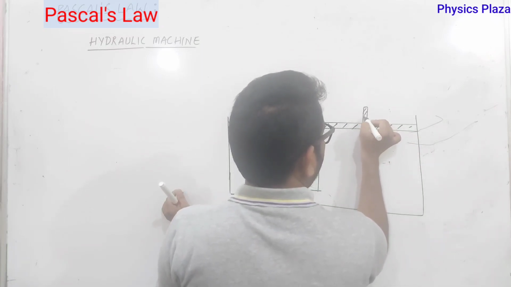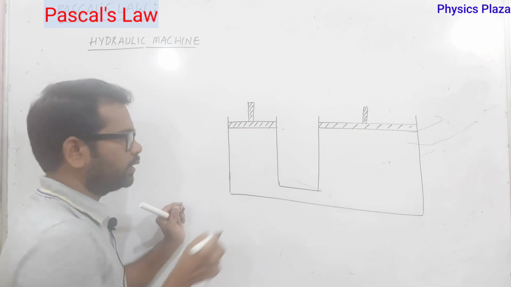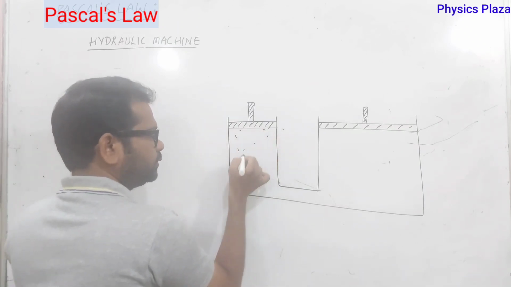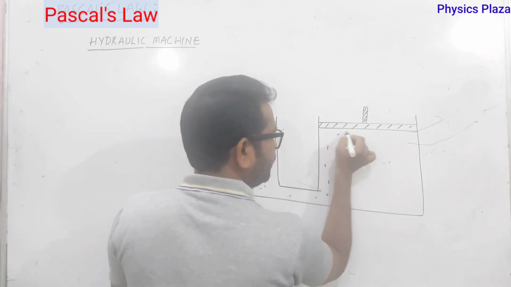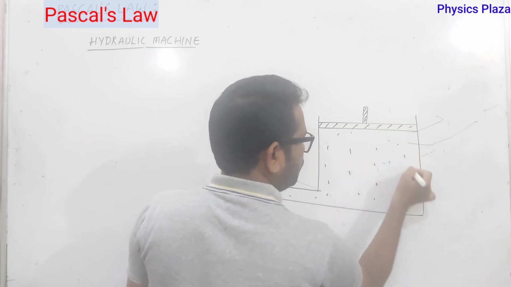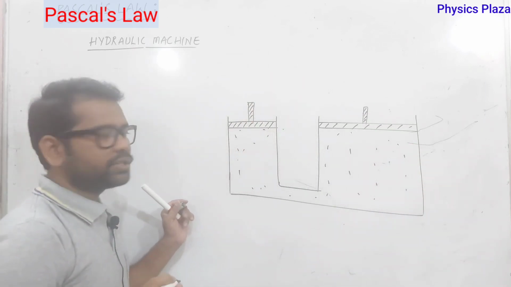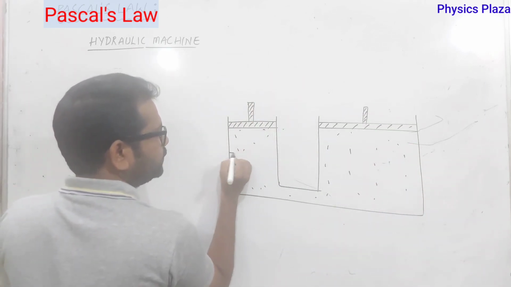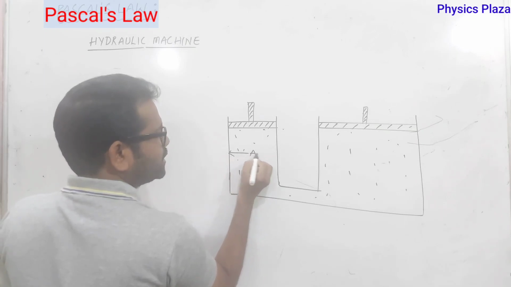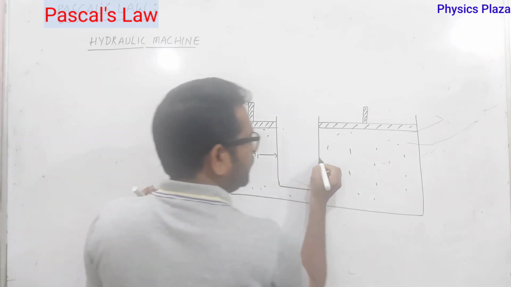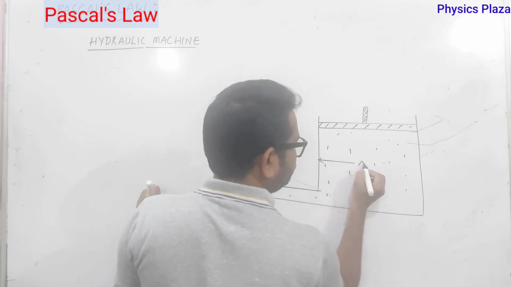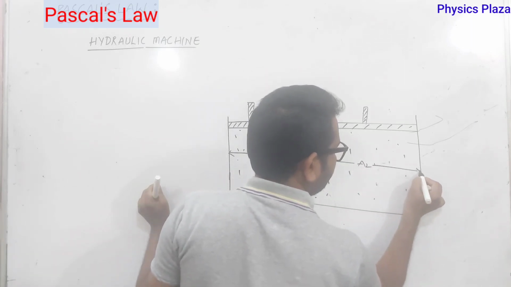Here liquid is taken, the so-called confined liquid. Let the surface area of the small piston be A1 and the larger piston be A2.